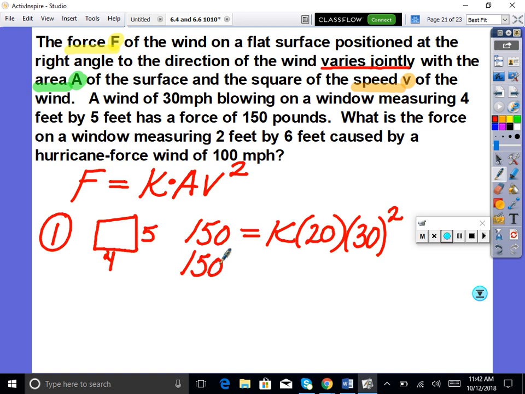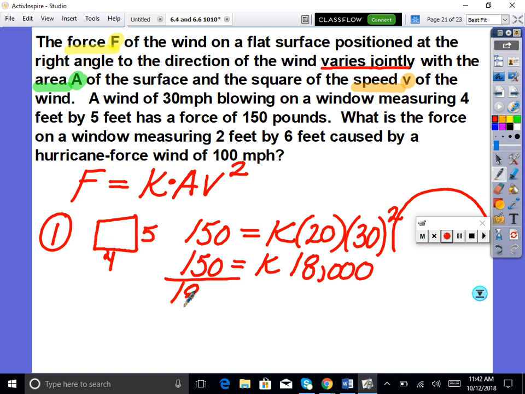So you have 150 is equal to k times whatever that is. So then you would divide by 18,000. We're going to get a decimal for k. So k is equal to what?